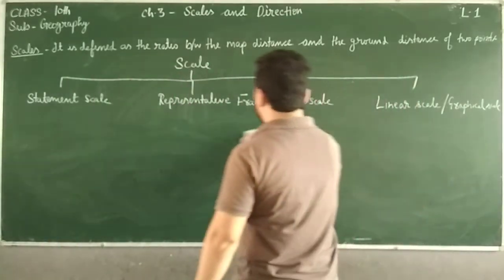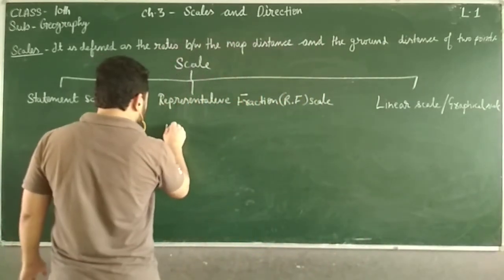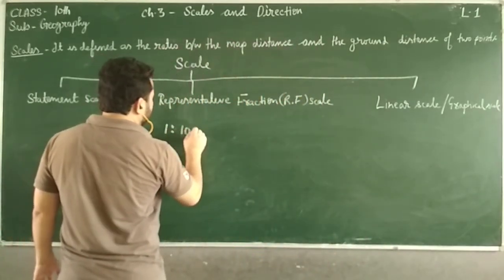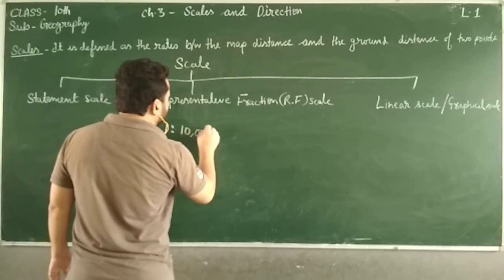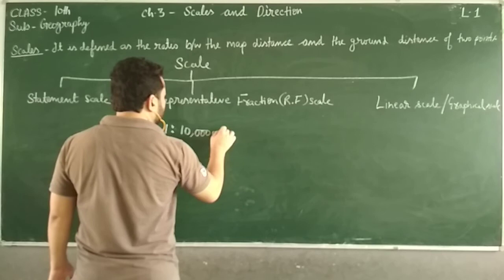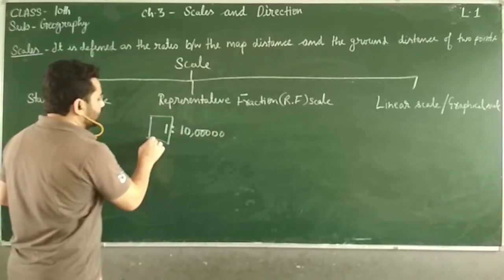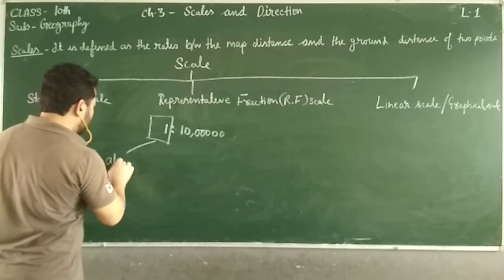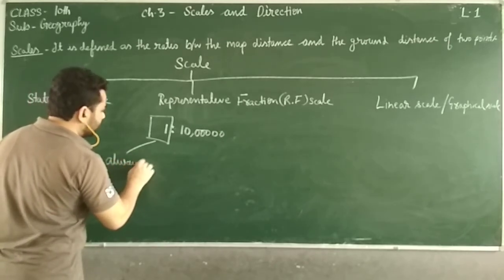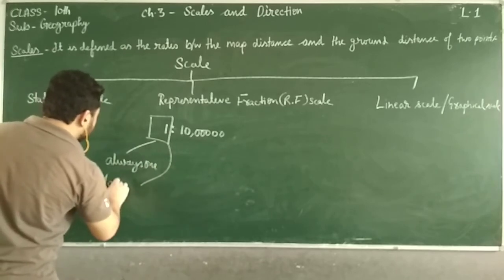Representative fraction is what? In representative fractions, this type of scale is given: 1 is to, and then any number is written. It may be 10,000, or 1 lakh, or 10 lakh. The one unit will always be 1, and it is map distance.